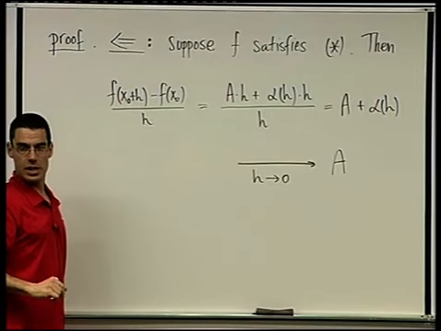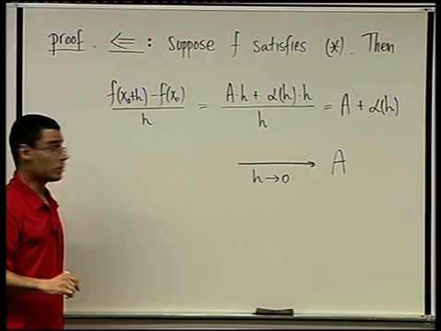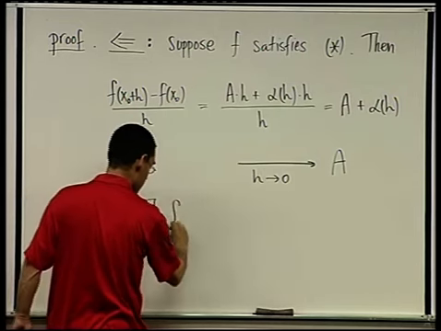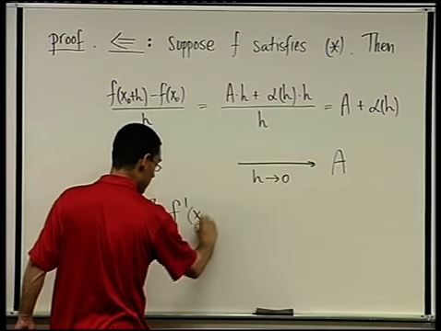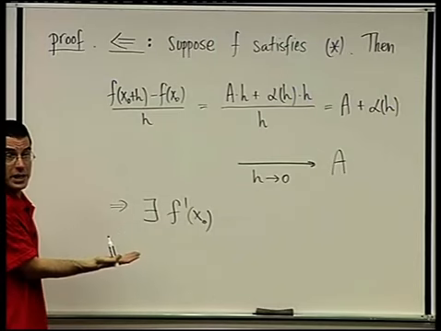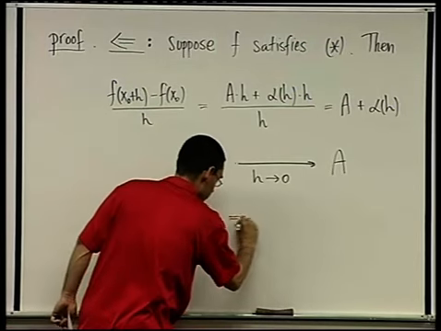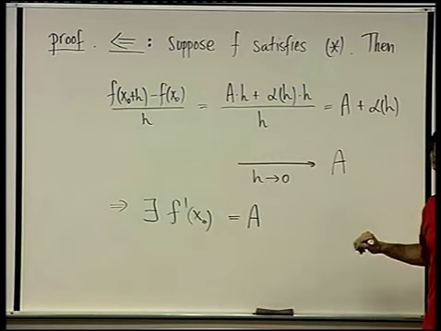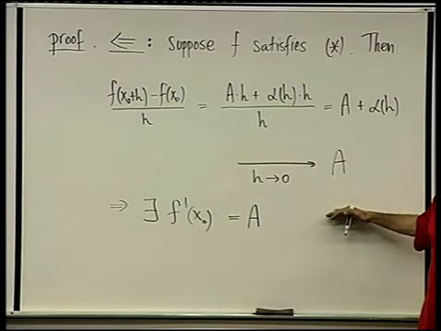That's precisely saying that the derivative exists, and we even know what it is. So there exists f prime at x0, which is the limit of this as h goes to 0, and we even know what it is. It's that a. That a is none other than the derivative at x0. Is that clear? Okay, did everybody follow?